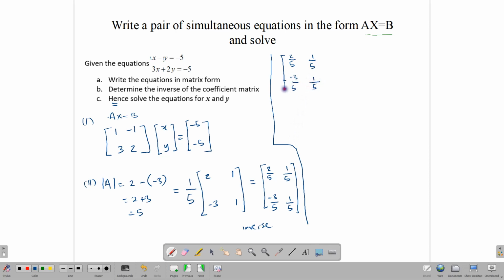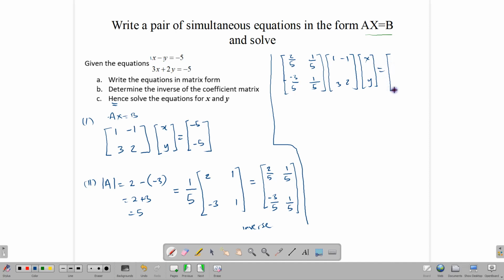This is our inverse. And so the inverse multiplied by the coefficient matrix 1, negative 1, 3, 2, multiplied by x y. I'm not taking any shortcuts in this one. I want to show you the full process, and then after that I take some shortcuts.